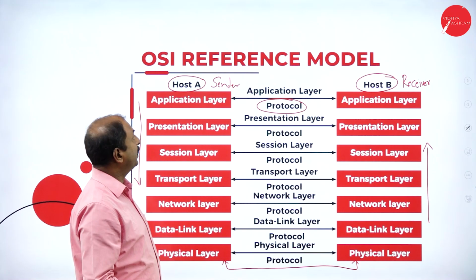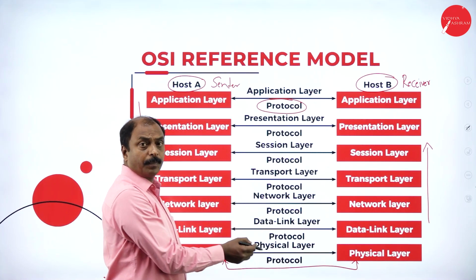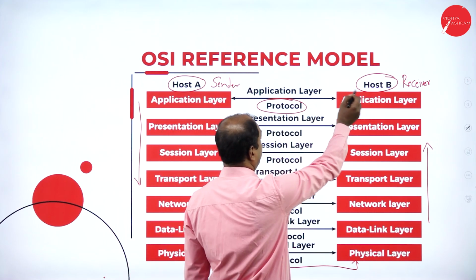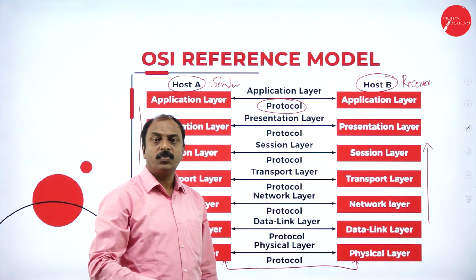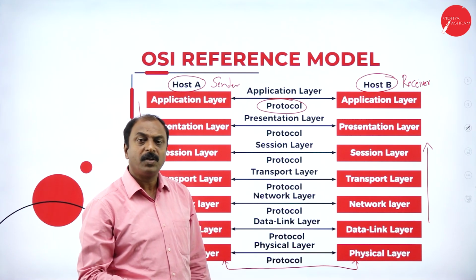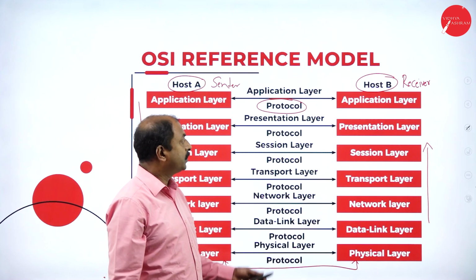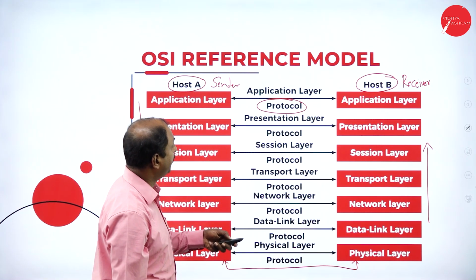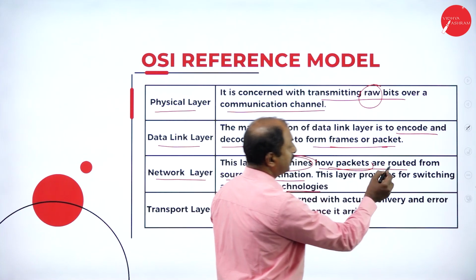Suppose there is more than one path between host A and host B. The network layer determines the best path to transmit the data in the form of packets through the network.